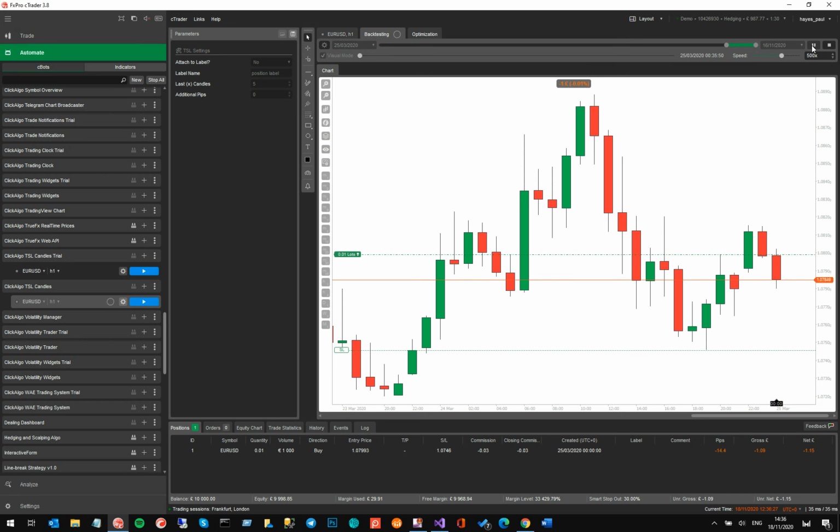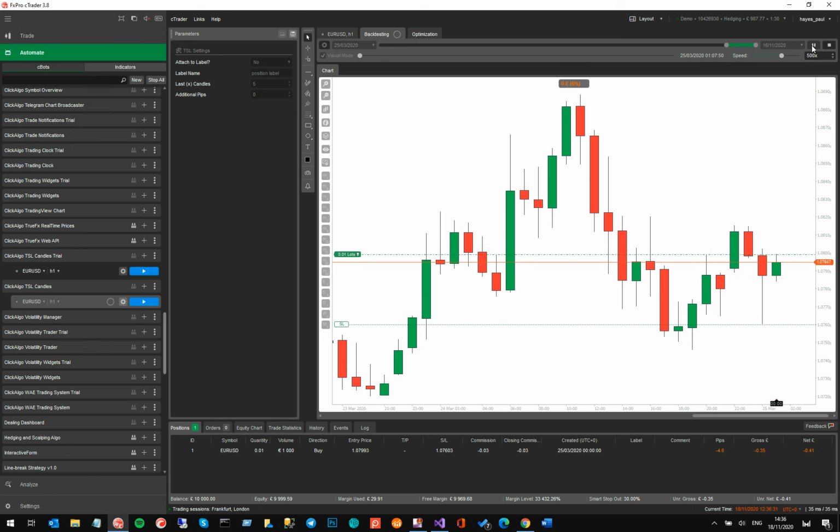Now this is running in fast mode on a 1 hour time frame. And you can see now the candle closed and it's readjusted the stop loss again on the lowest price of the last 5 candles. So here you've got 1, 2, 3, 4, and 5, but the lowest price was the second candle. So again, I'm going to run it. That gives you the most breathing space.